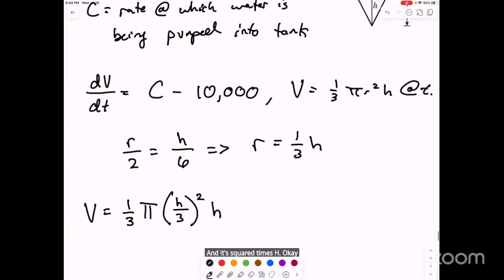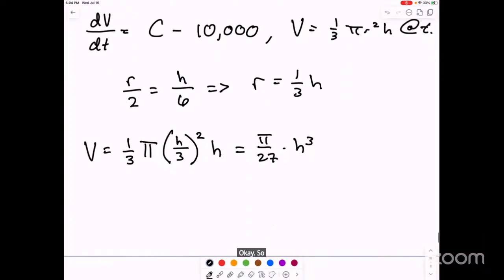Okay, so then if we keep going, 9 times 3 is 27. So it looks like pi over 27 times h cubed. Okay.